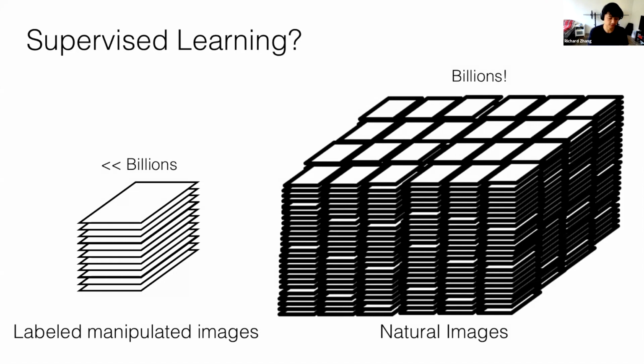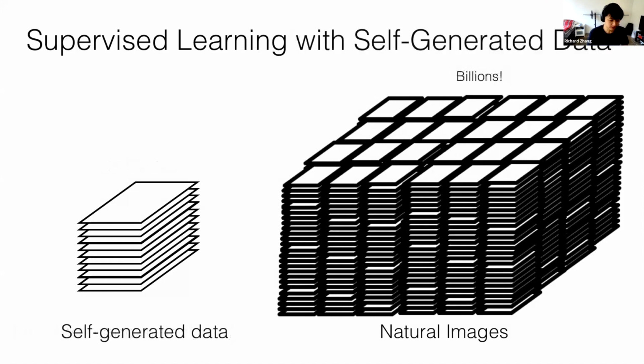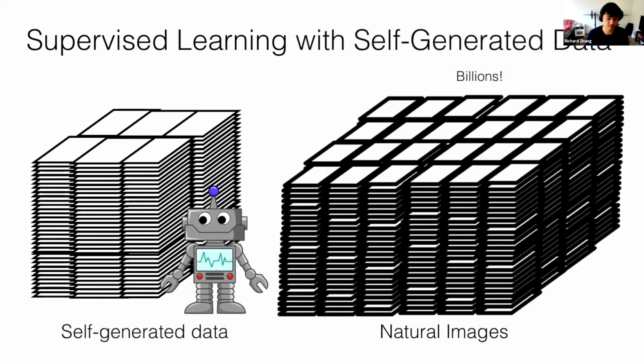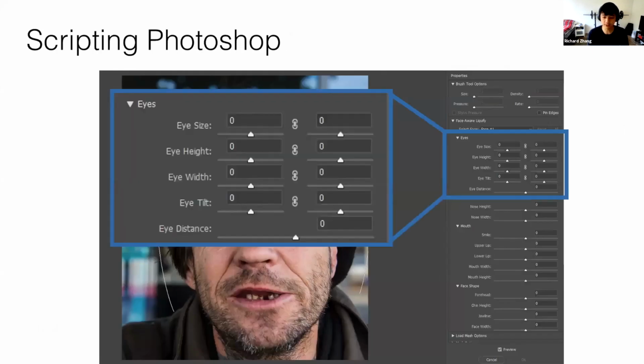So what are we going to do? We can take a little robot or a computer program and have it generate label data for us, if we can find some sort of apparatus to do this. And it turns out with this tool, we can.